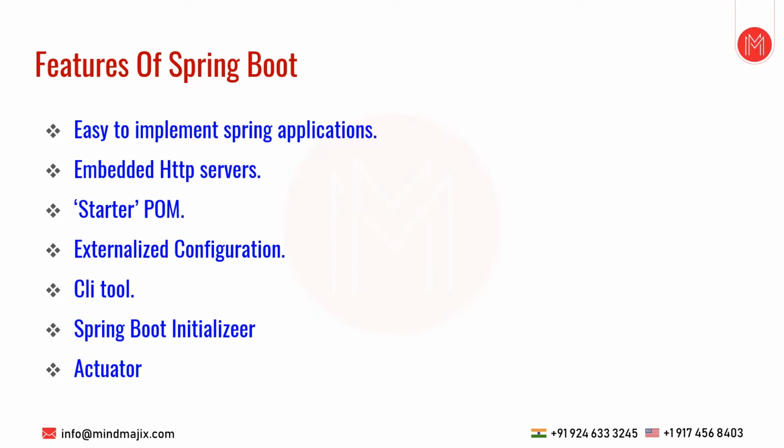And what about externalized configuration? For example, when you are working with an MVC application in Spring Boot, if you want to provide the suffix and prefix information related to your JSP configuration, you just need to pass the required configuration information from the application.properties file or application.yaml file.